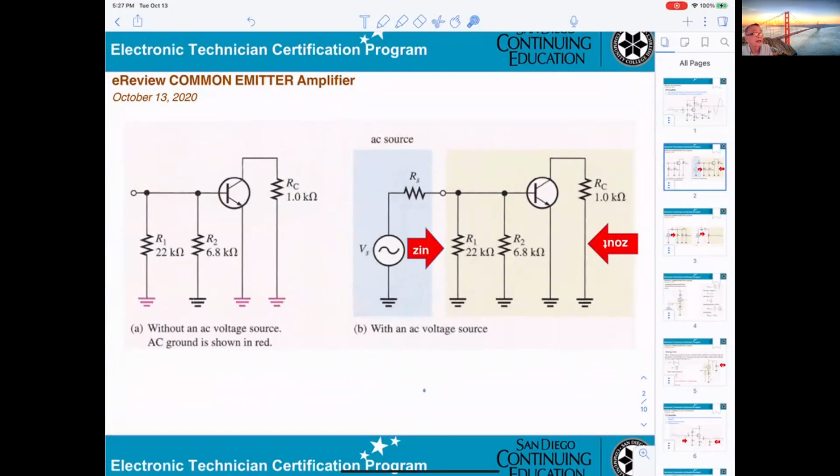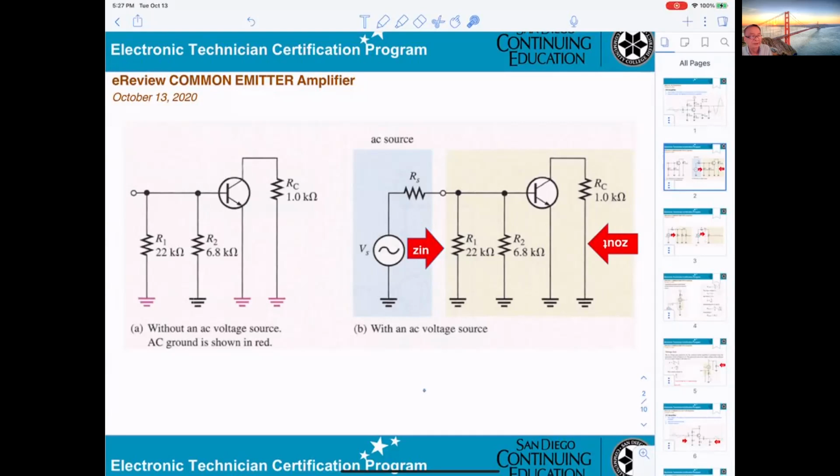So that's why R1 has one side connected to the base, the other side to the ground. Okay, and also at the collector here, you get RC connected to the ground. The thing is, one side of the RC connects to the VCC, and the VCC connects to the ground. Okay, and now you go to the second one.